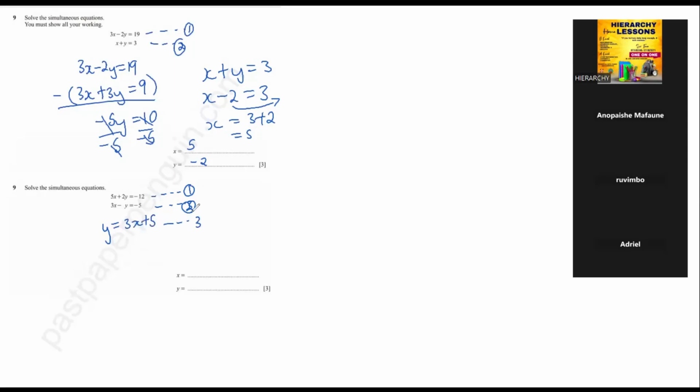That's equation 3. And then what do you do now? Then I'm going to substitute equation 3 into equation 1. Okay, so what do we have now?